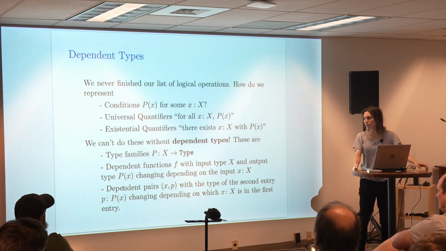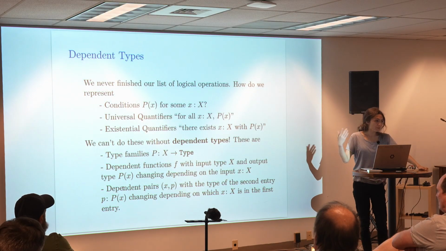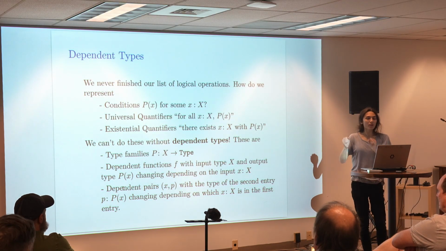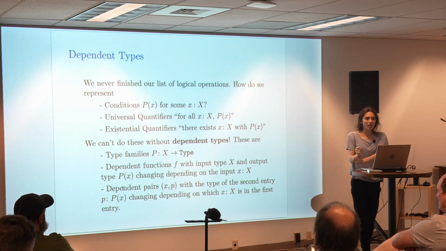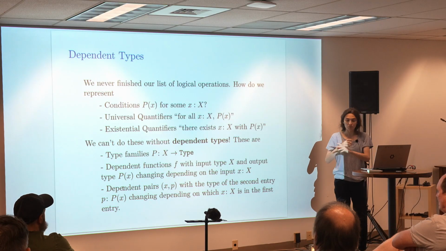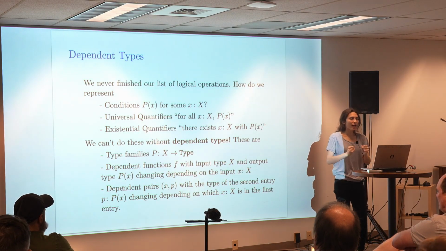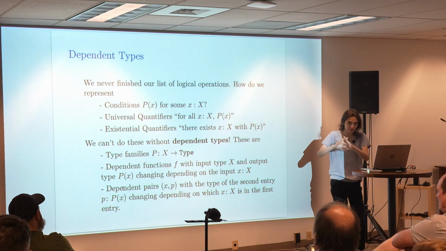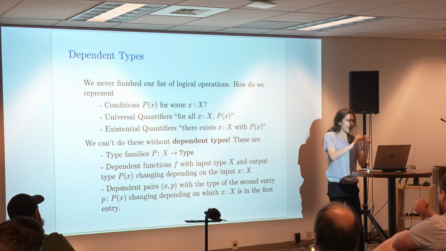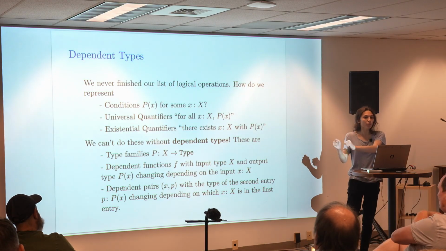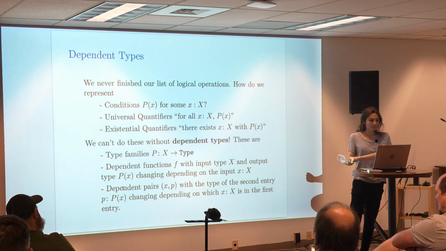And using a type family, you can make a dependent function, which is a function where the output type changes depending on the individual element of the input type, right? So if I had, for some reason, a proof of for all n, n is even, which of course doesn't make sense, but let's say for a moment I did, I would have a function that can take n and produce a proof or a witness that n is even.